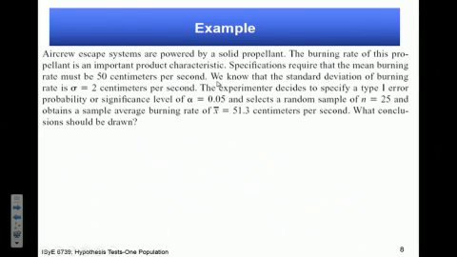We want to see if our process is like that or not. We know that the standard deviation of the burning rate is 2 centimeters. The experimenter decides to specify a type 1 error probability or significance level. I will tell you later why we call it type 1 error as well. Significance level of alpha equal to 0.05. We collect a random sample of 25, and this is the x bar. So it's very simple.